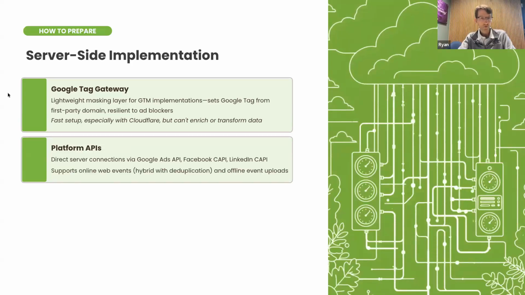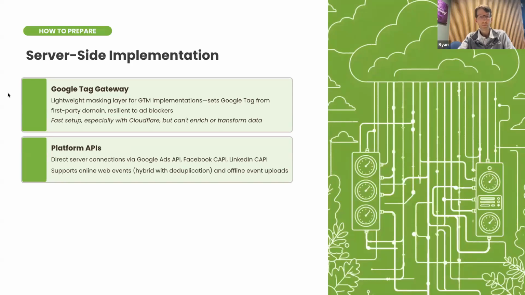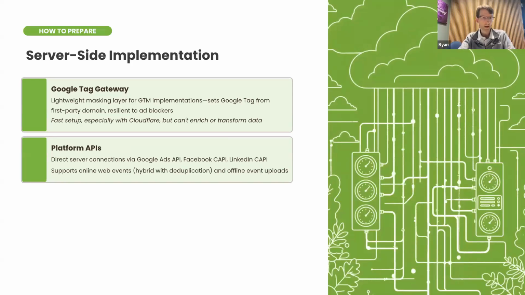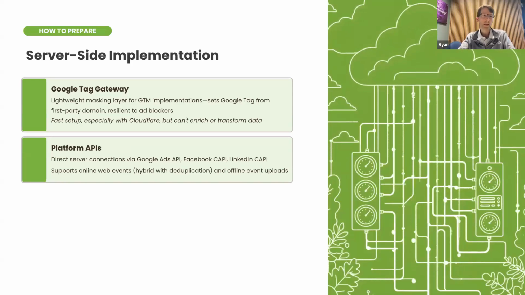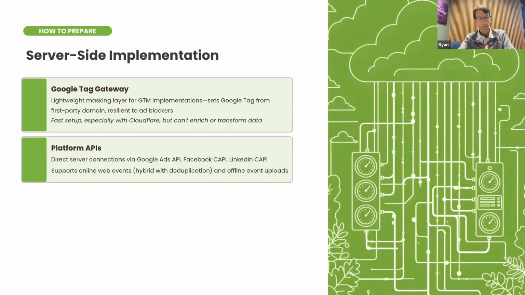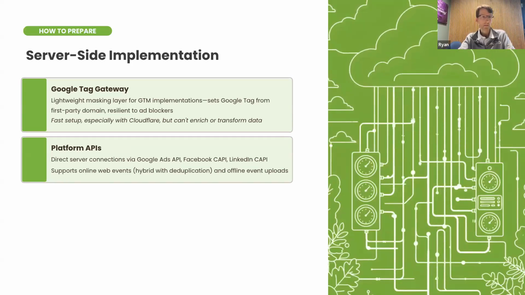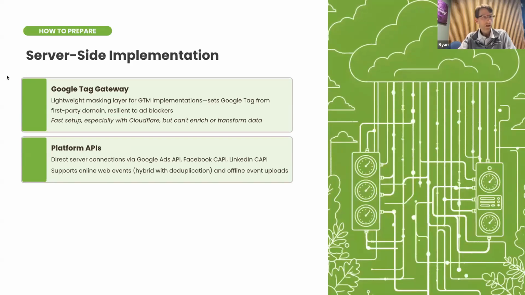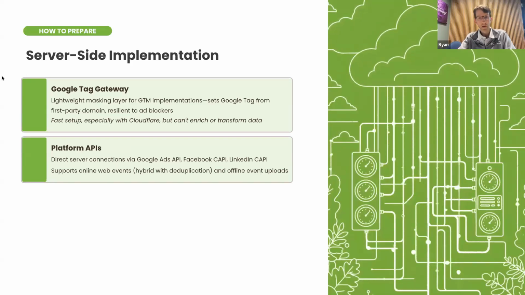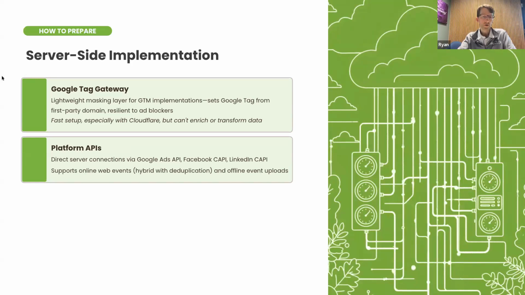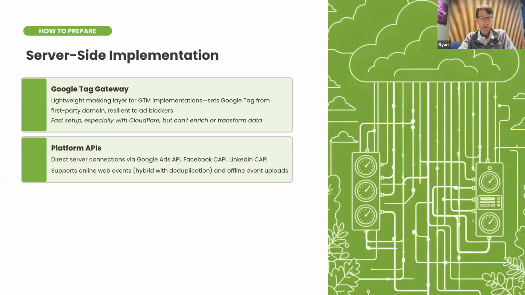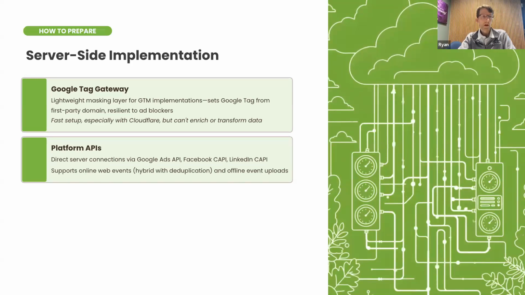There are some additional tools, the platform APIs. Some examples are the Google Ads API, the Meta Conversions API, and the LinkedIn Conversions API. Most of these media platforms have some sort of conversions API that you can integrate with, and these allow your server to send conversion events directly to the platform.